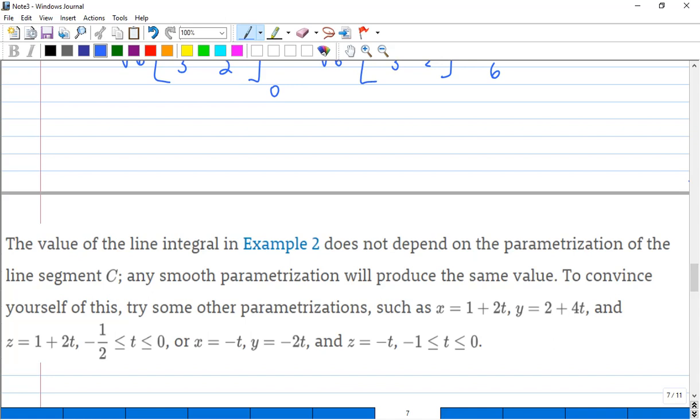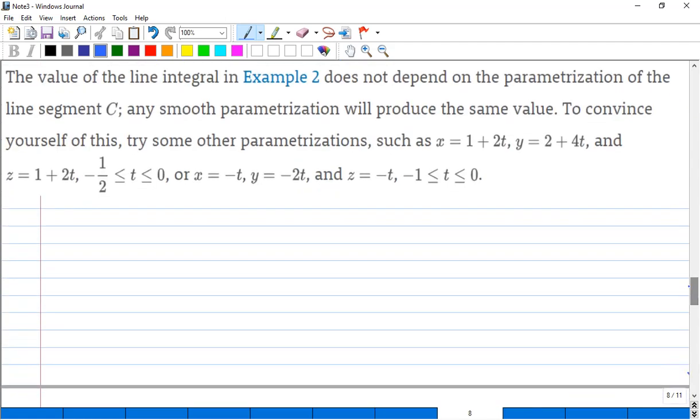Alright, I probably won't have time to finish this one, but I want to get started on it. So we are going to evaluate the line integral. Anytime you see the c down here, that's a line integral of x ds over this smooth curve.